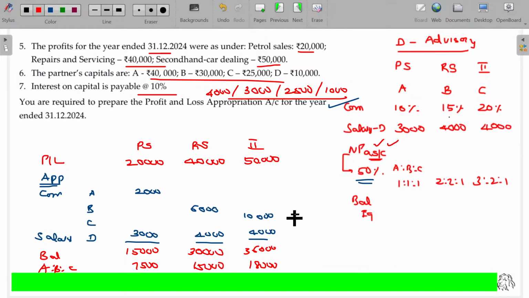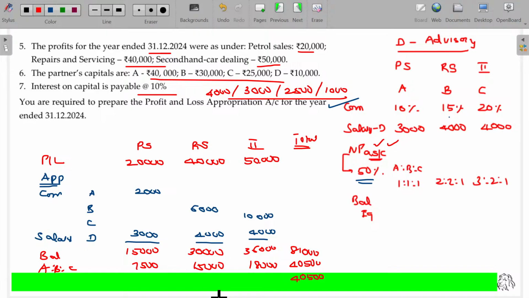What's the overall total we have? 15 plus 30 plus 36, 81,000. Out of that, 40,500 is shared among the 3 partners. Balance, how much do we have? 40,500. Clear?